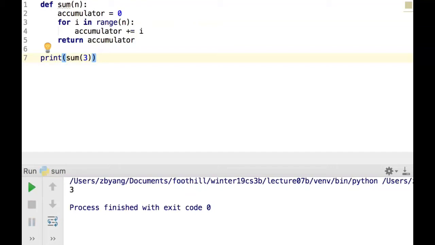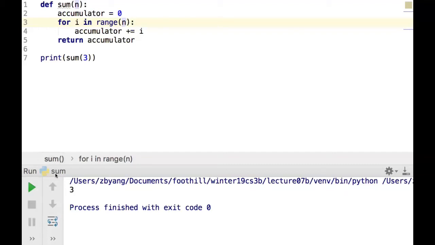But it gives us a 3. So what's wrong? Well, hopefully you didn't make the same mistake as I did. But remember, range gives us numbers from 0, 1, 2, all the way up to, but not including n. So if n is 3, basically I'm adding the numbers 0, 1, and 2.